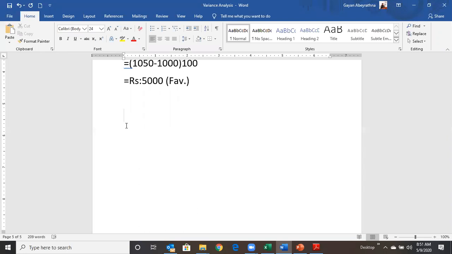In here, we need to calculate the standard profit margin and the actual profit margin. It's simple. Standard profit margin can be calculated by deducting standard cost per unit from the standard selling price.